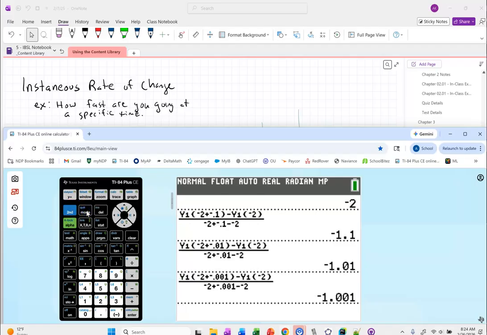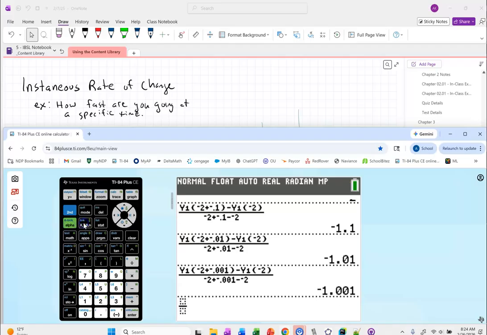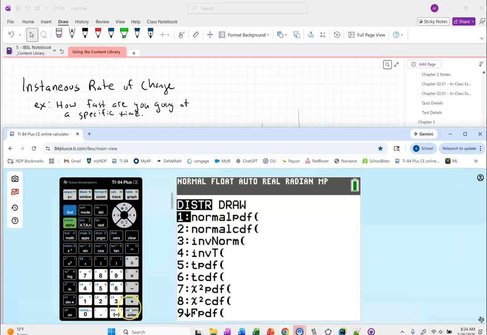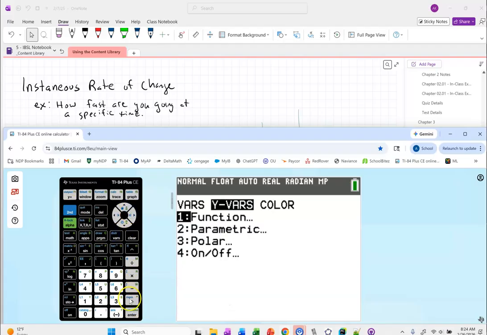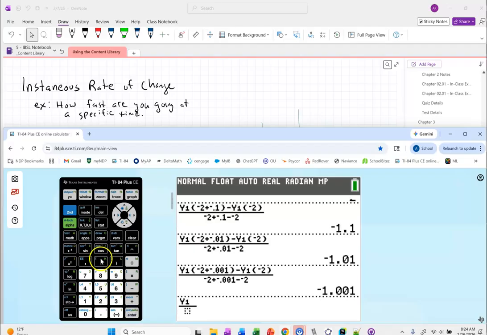Then I'm going to exit out and make a fraction, and use the y bars function: y1 of -2 plus 1.